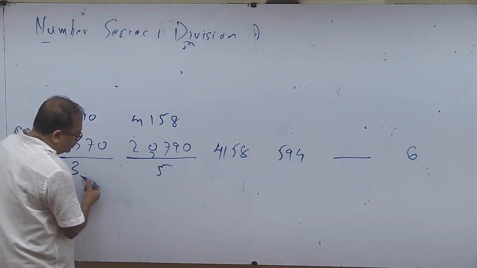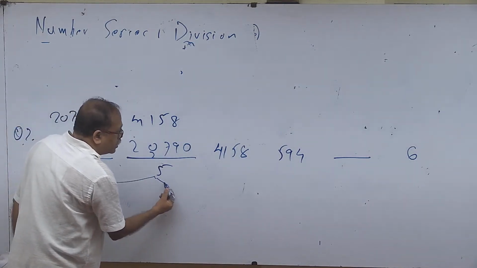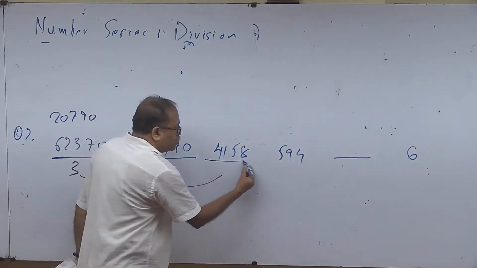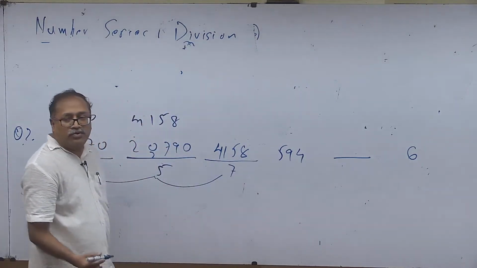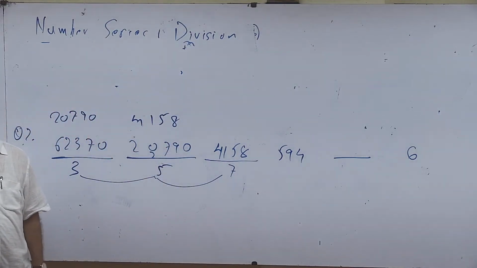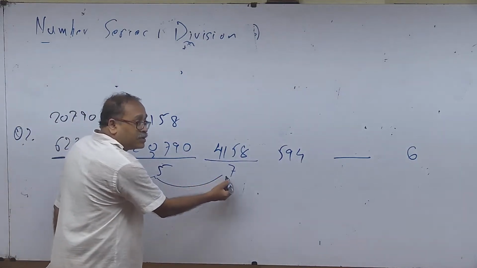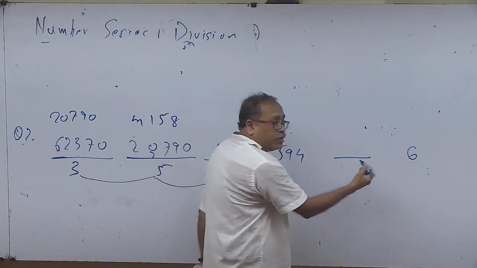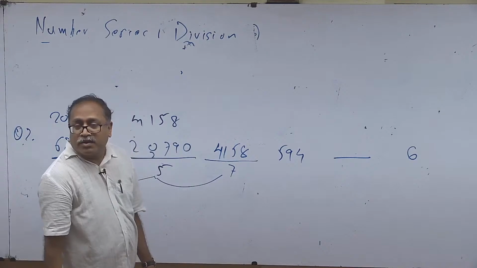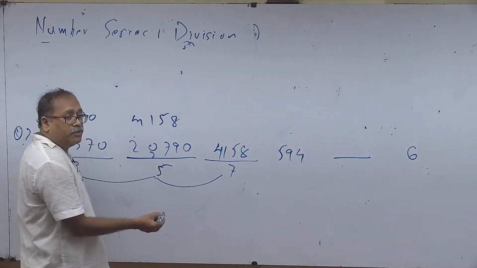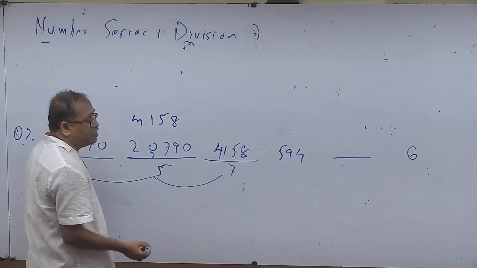If this is 3 and this is 5, then this should be 7, either we go with the odd number or even number, but it is necessary to check it because here the difference is 2, here could be difference 3, here could be difference 4 and so on. It could be an odd number or a prime number, or it could be any other way.